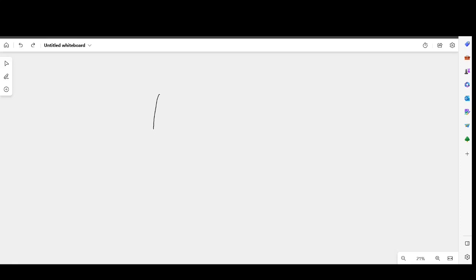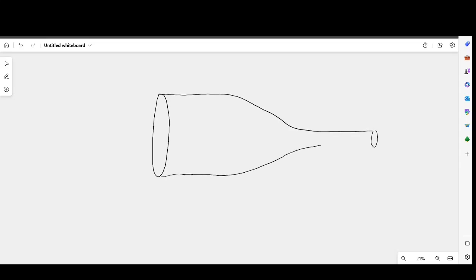Consider a pipe with non-uniform cross section. So this is a pipe. The cross section is not uniform as is clear from the diagram.